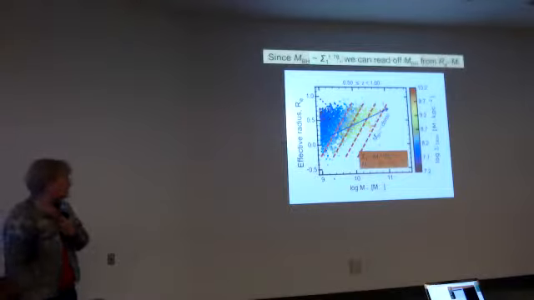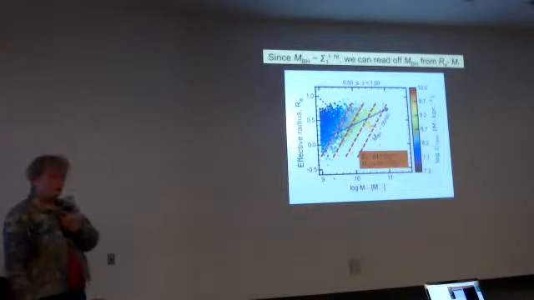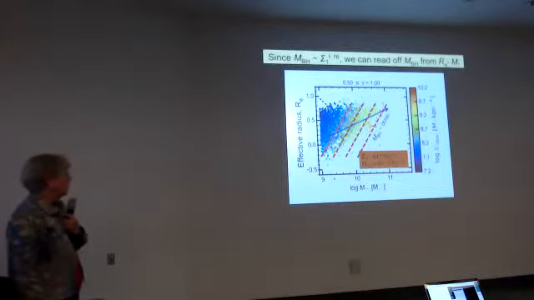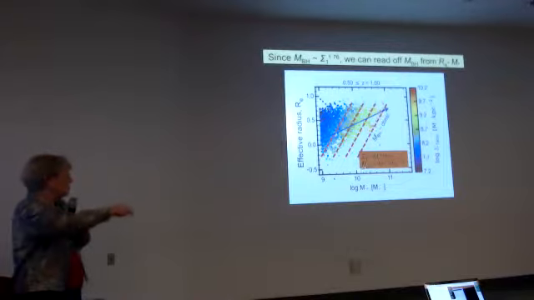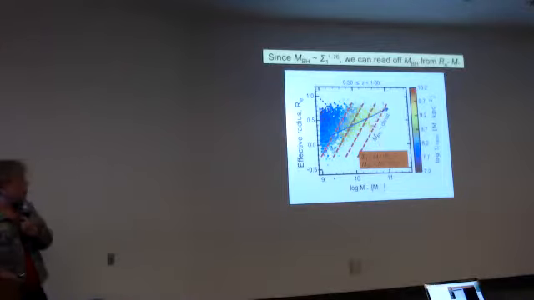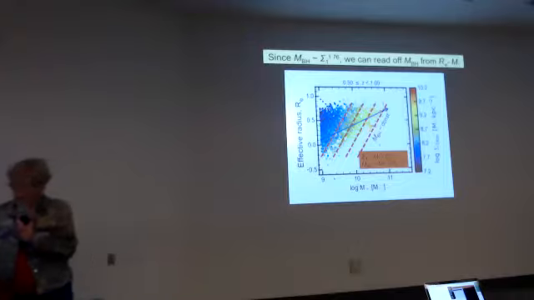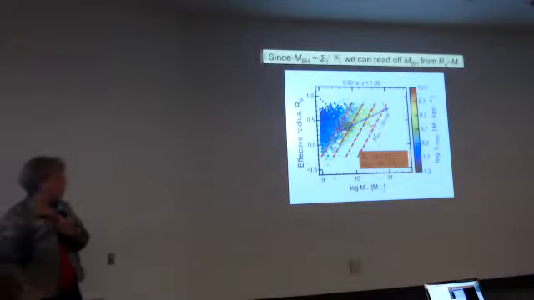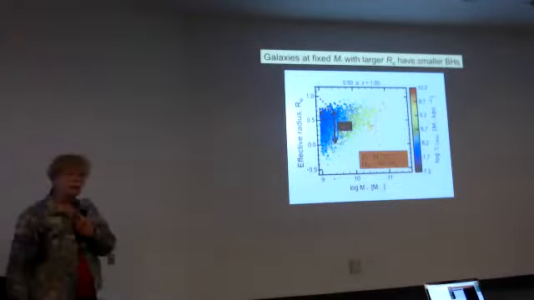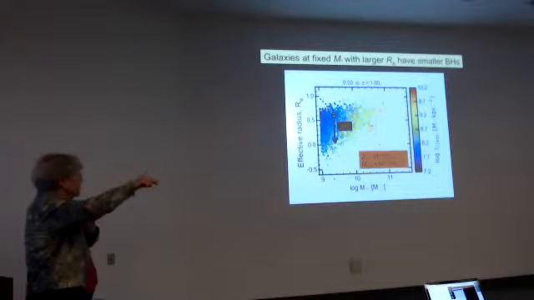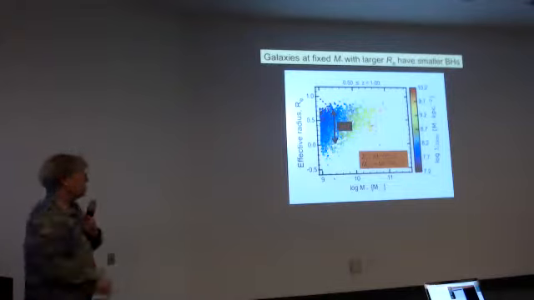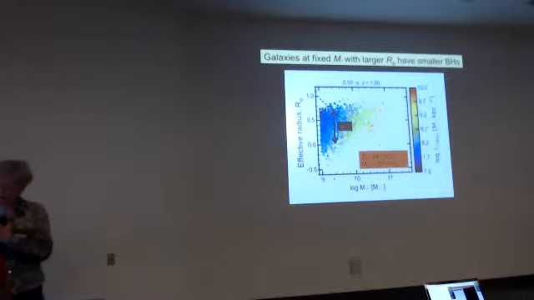But because black hole mass is a power of sigma 1, that exponent v, that means that black hole mass is also evolving along this trajectory. In other words, we can read off a black hole mass just from a position in this diagram. And it's not a small effect. This range from top to bottom of the cloud here is a factor of 17 in black hole mass.